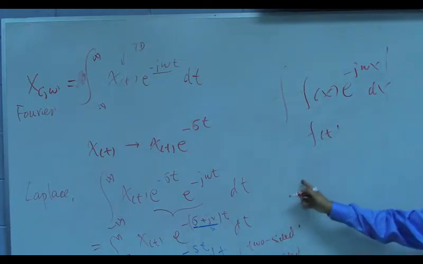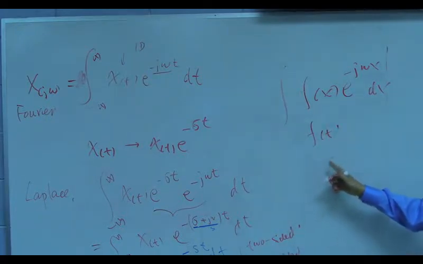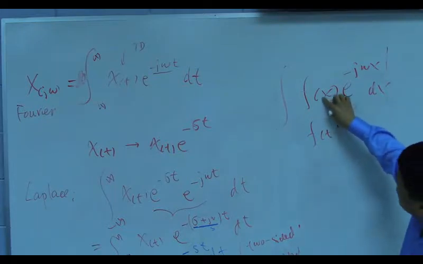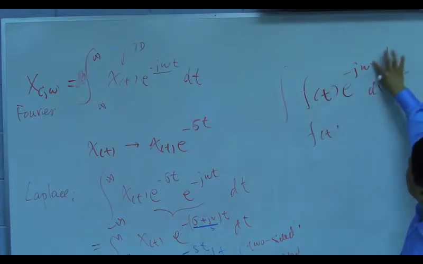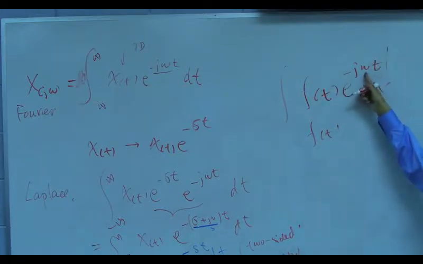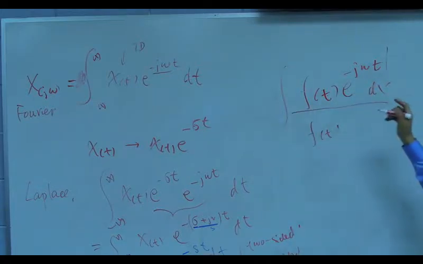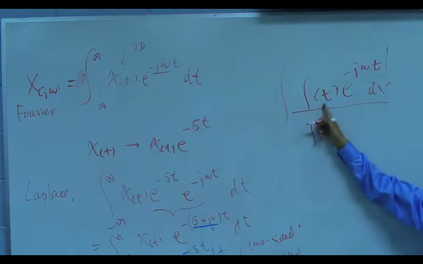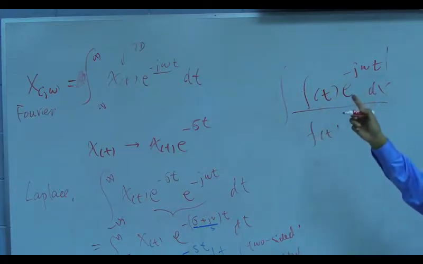That means it is a signal. The signal has a frequency, right? My DC signal or AC signal has a frequency. So if you change this x into t, what is this omega? This omega is the frequency. This gives us the component of f(t) at this frequency.